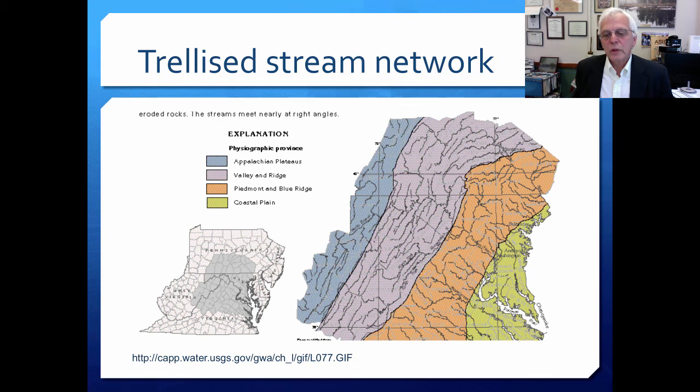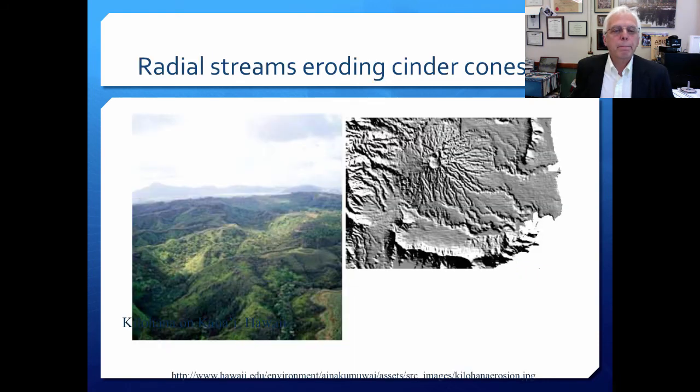So you have a series of trellised areas of streams sort of oriented along the mountain ranges, and then some water gaps where water flows through. So it's a fairly standard kind of flow pattern that you'll see in geology that has been processed in this way.